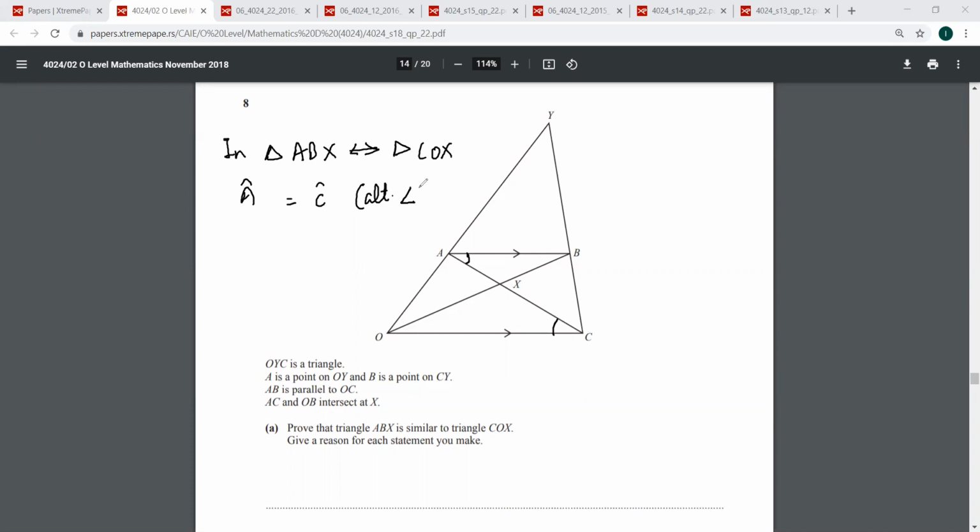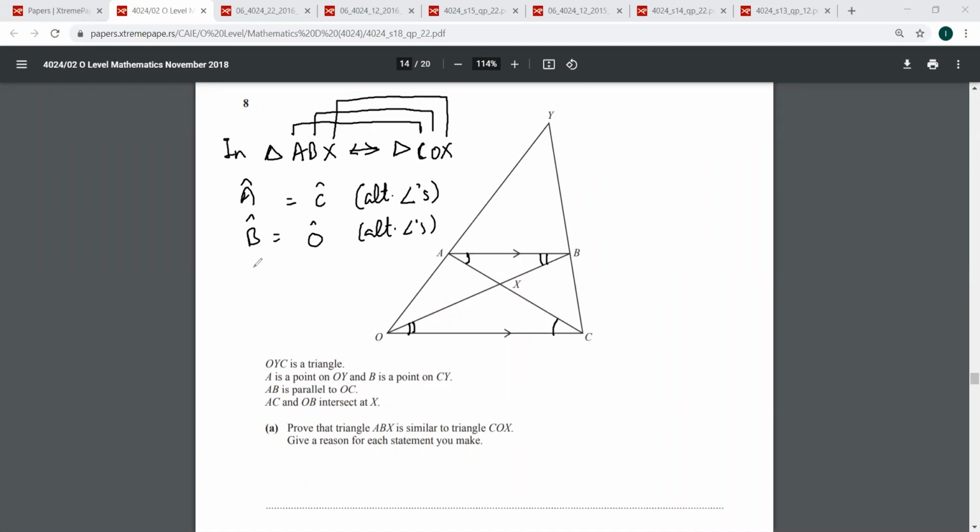Then we can say that this angle is equal to this angle. Angle B from here is equal to angle O from here, and you can see that A is at the same place as C, B is at the same place as O, and X is at the same place as X. So these are also alternate angles.